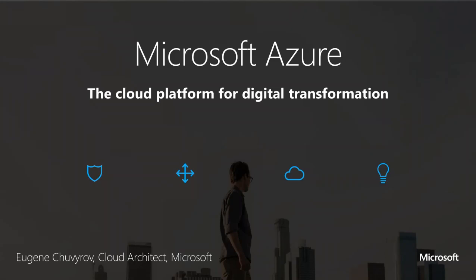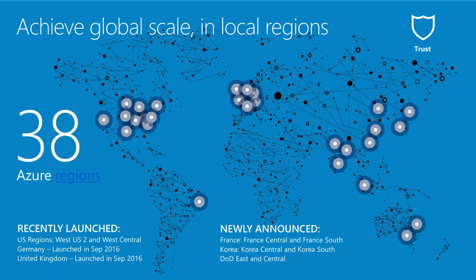Sure, thanks, Seth. My name is Eugene Chushrov. I'm a cloud architect at Microsoft, and I'd like to spend just a couple of minutes talking about our platform. Microsoft Azure is our cloud platform that is open, flexible, and enterprise-grade. We're seeing incredible momentum with our cloud offering, and I'd like to briefly go over some of the numbers.